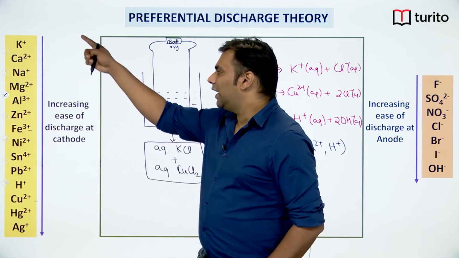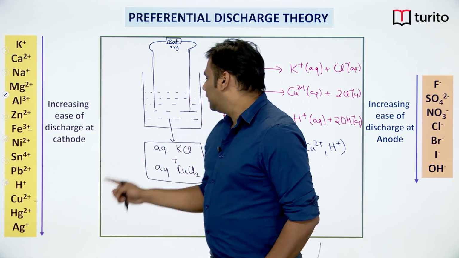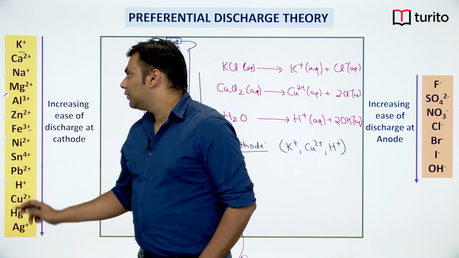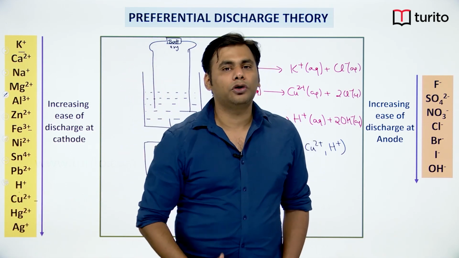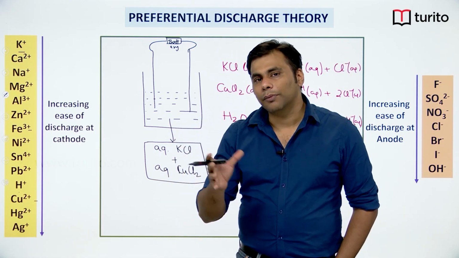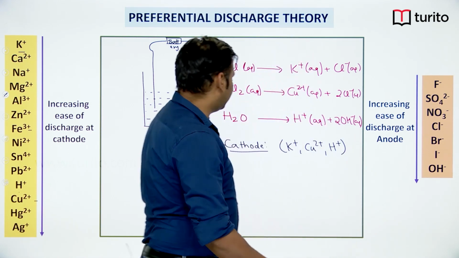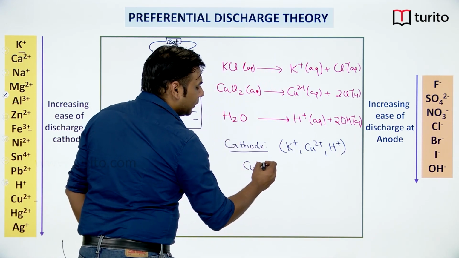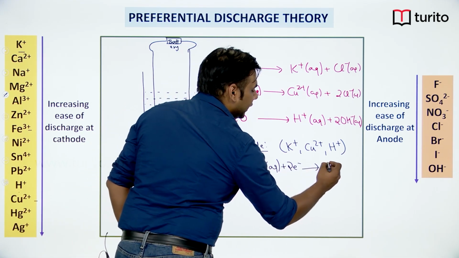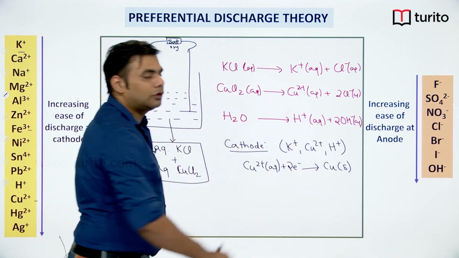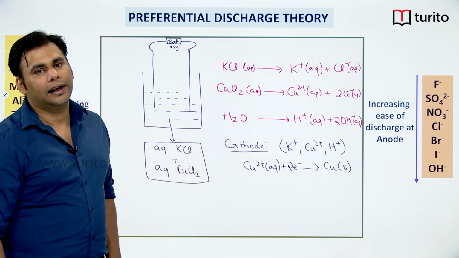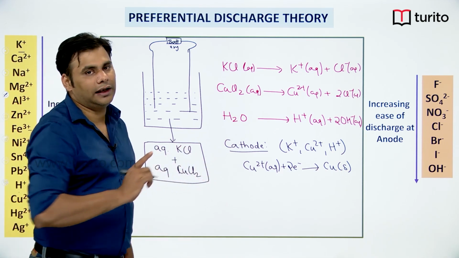If you look at this chart, you can clearly see that K plus is over here, Cu2+ is over here and H plus is over here. You can see that the tendency of Cu2+ to get discharged or deposited at the cathode is much more than the other two ions. So preferentially, Cu2+ aqueous would take up the electrons and get reduced and change into copper solid. This copper solid would get deposited at the cathodic electrode.